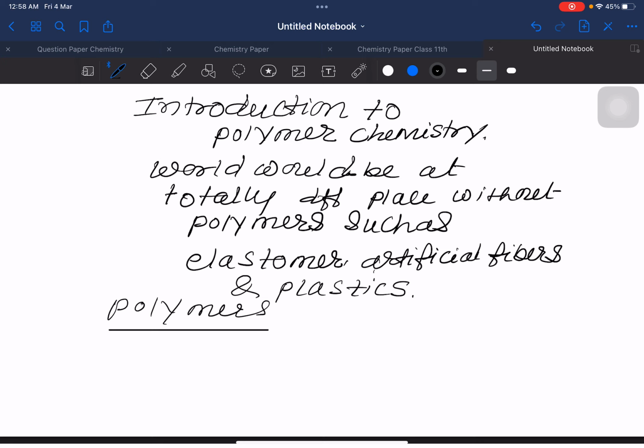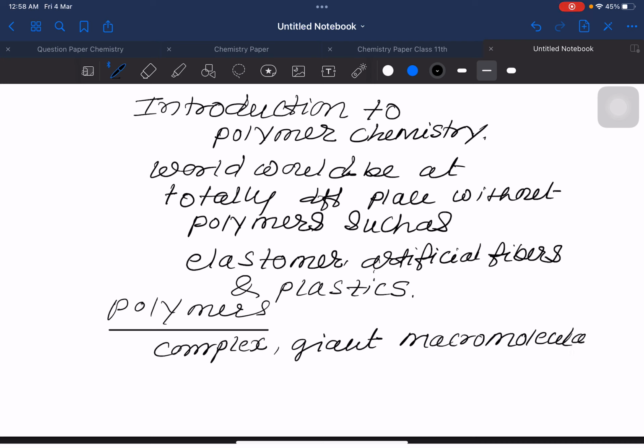Chemically, polymers are complex, giant macromolecules made from repeating units which are derived from small molecules called monomers.